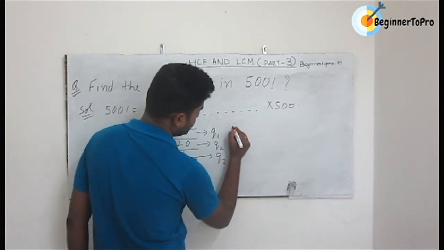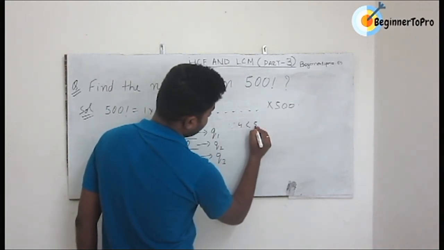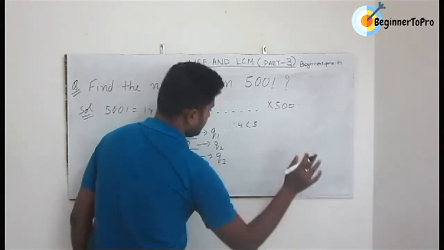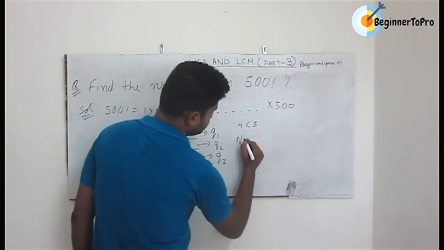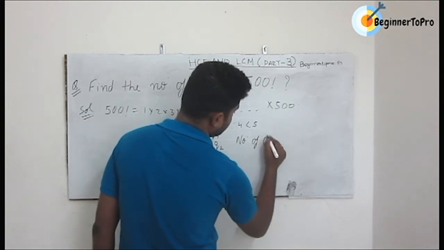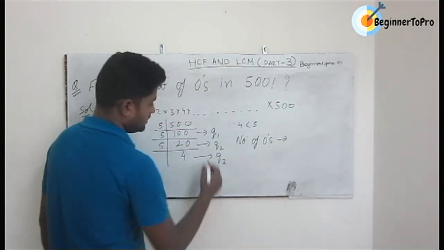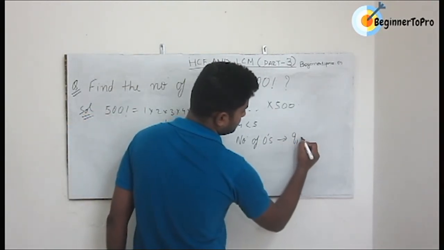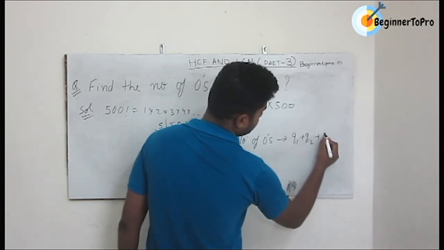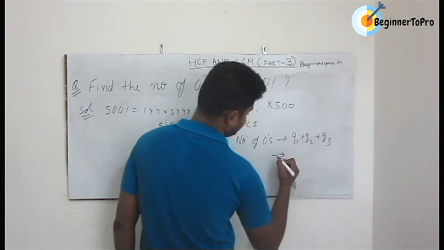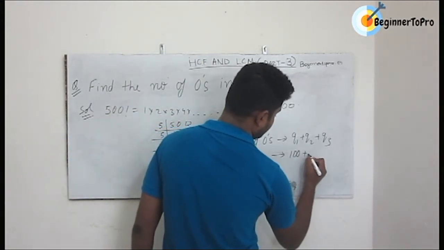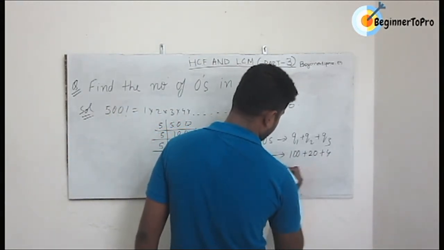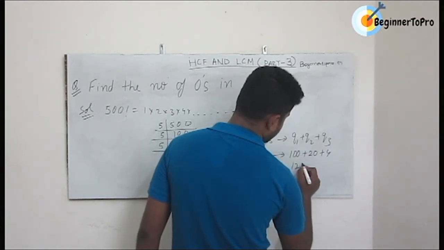Since 4 is less than 5, division is not possible. So what will be the number of zeros? The number of zeros will be simply q1 plus q2 plus q3, which is 100 plus 20 plus 4, 124.